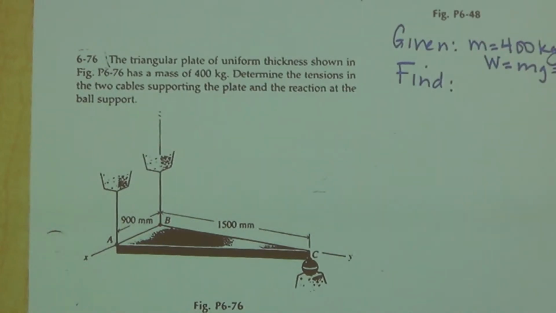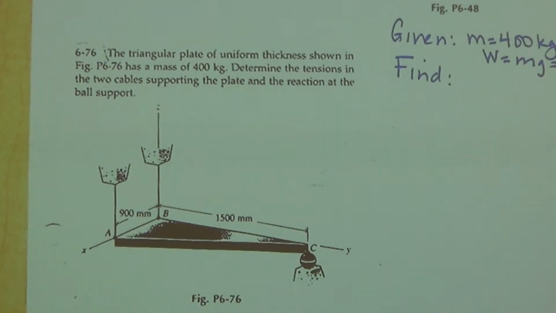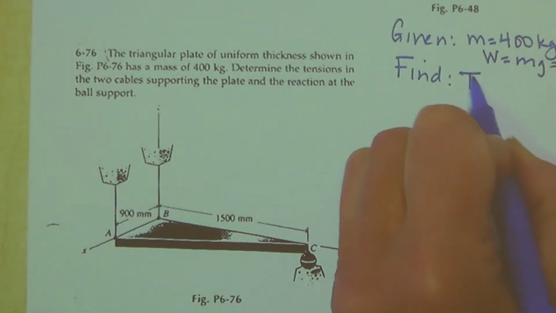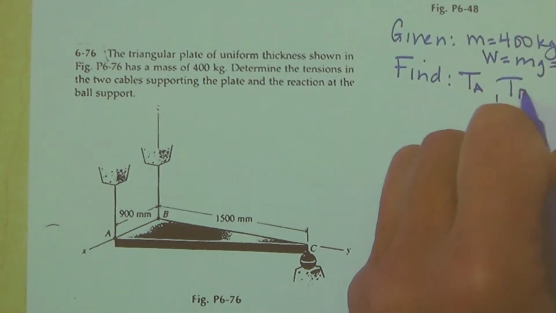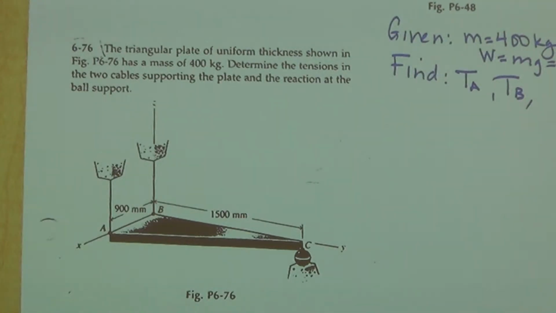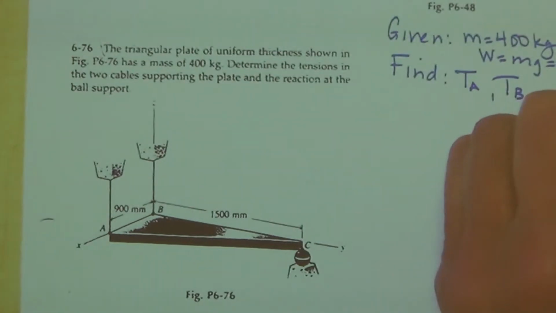So DJ, what do they want us to find? The 2 tensions. So what do you want to call them? TA and TB. Good. And the reaction at the ball support. Right, what reaction do we have at that thing? It's just resting on top, so normal? Yes, it's just the normal. What do you want to call it?